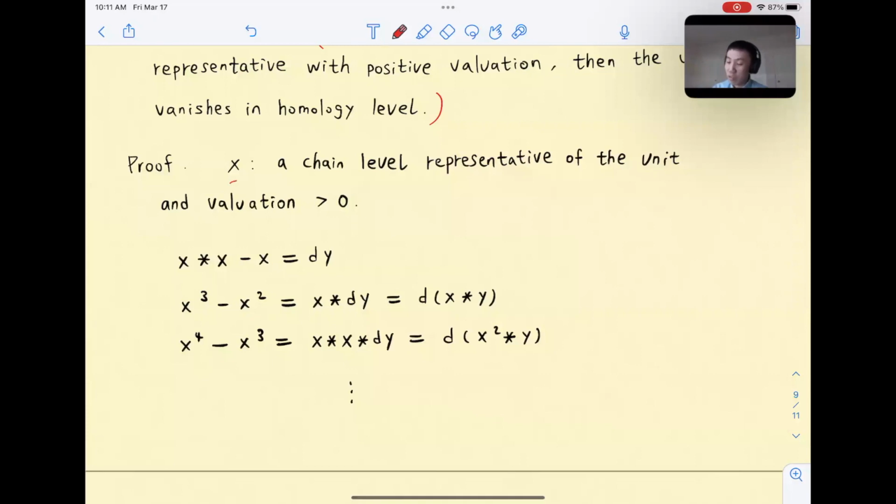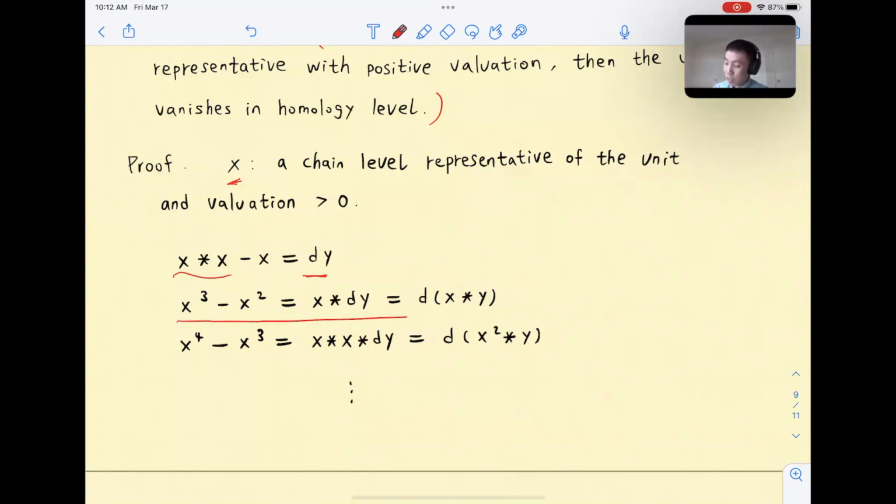Suppose we have this X, which is a chain level representative of the unit with a positive valuation. Then we can just multiply X with itself. X times X is also homologous to X, since unit times unit is unit. So their difference is dY, some exact element. And we can keep multiplying X on both sides of this equation from the left.